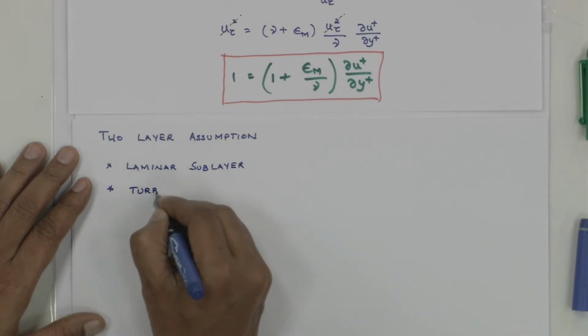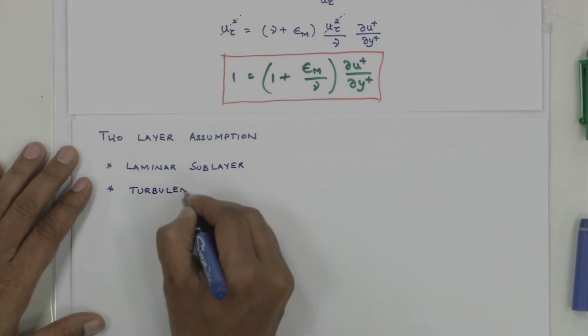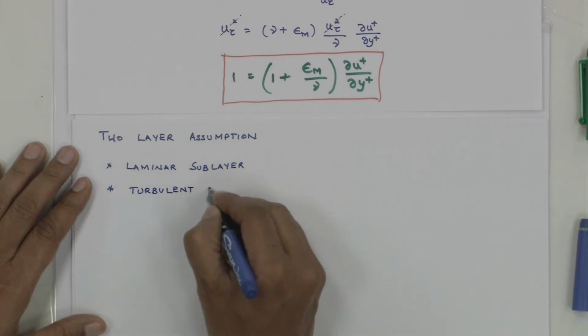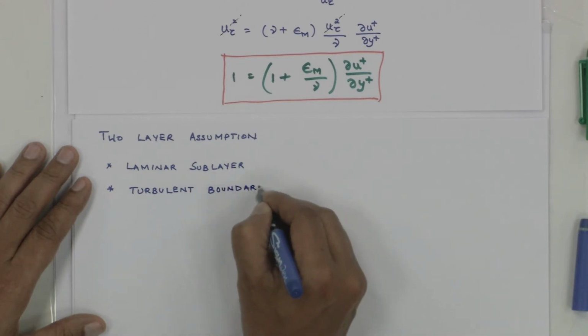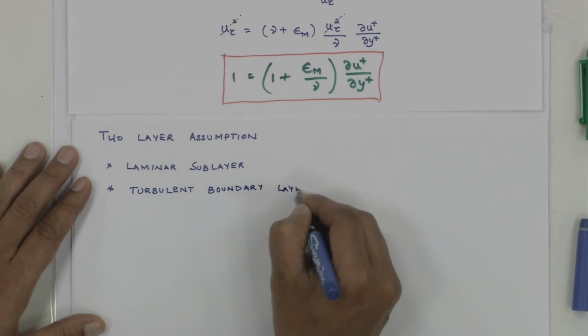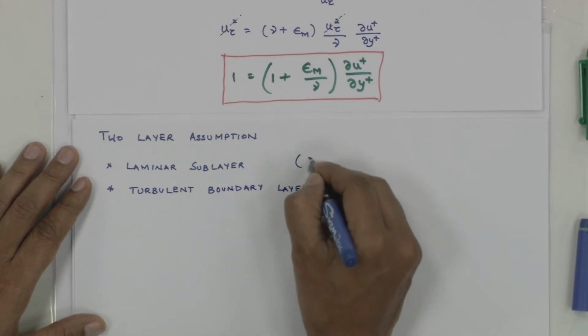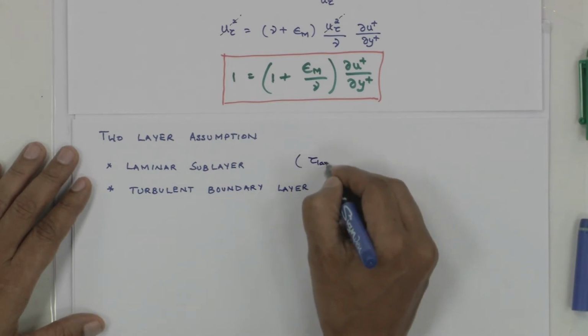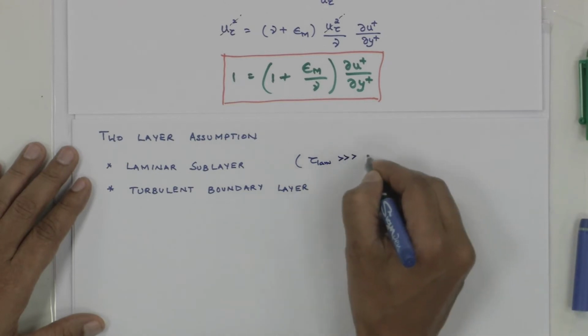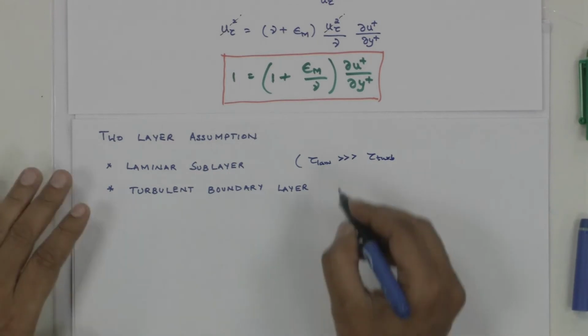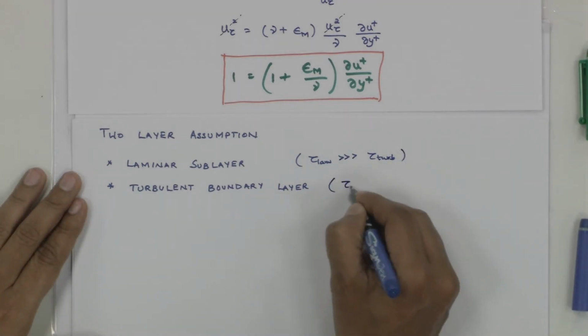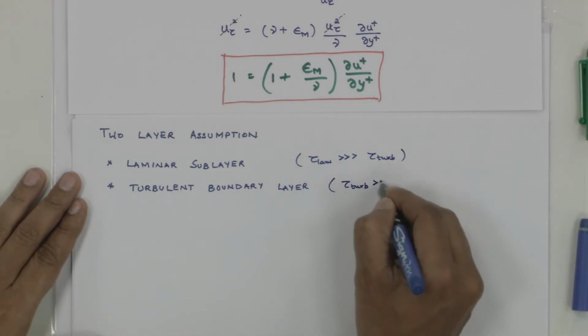I will not consider the buffer layer which I had, I will take only two layers, one is the laminar sublayer and the turbulent boundary layer. So in the laminar sublayer, as you can recall, tau laminar exceeds tau turbulent, and in the turbulent boundary layer, tau turbulent exceeds tau laminar, correct.